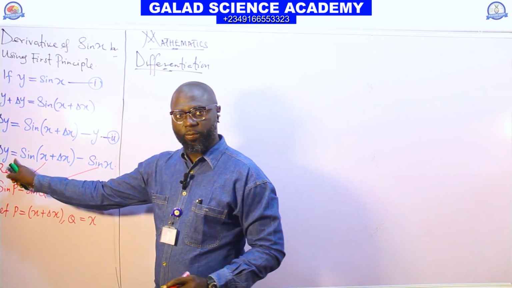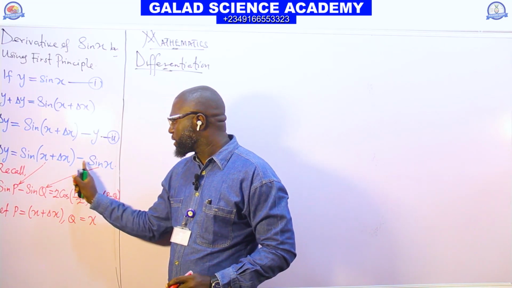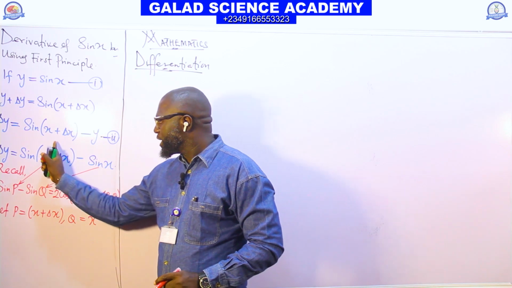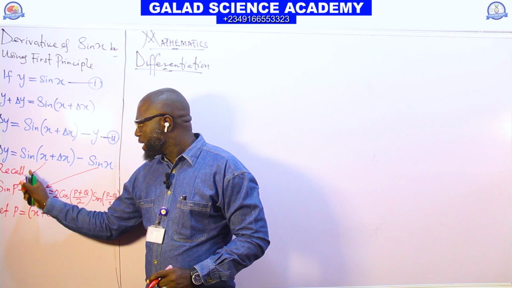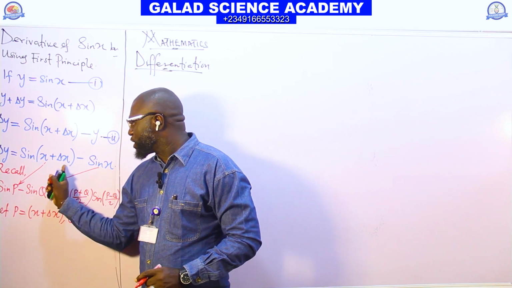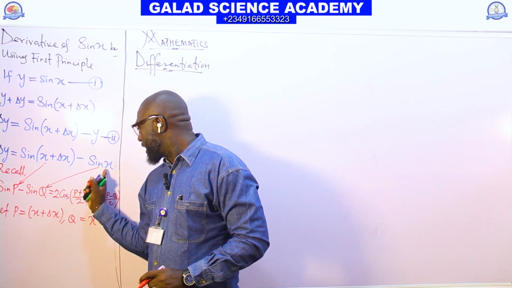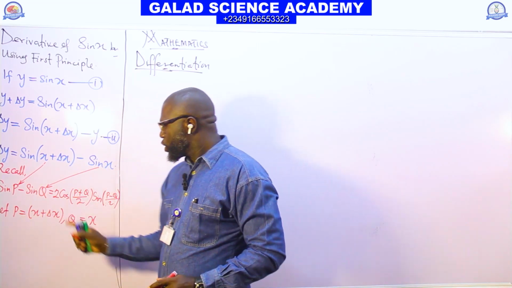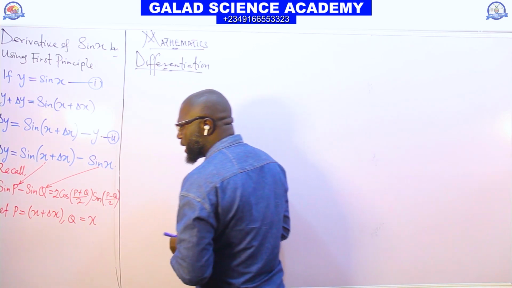So this expression, sine x plus change in x minus sine x. So this sine is this, this sine is this. Everything you add there is equivalent to the p. This sine is this, x is equivalent to the q.